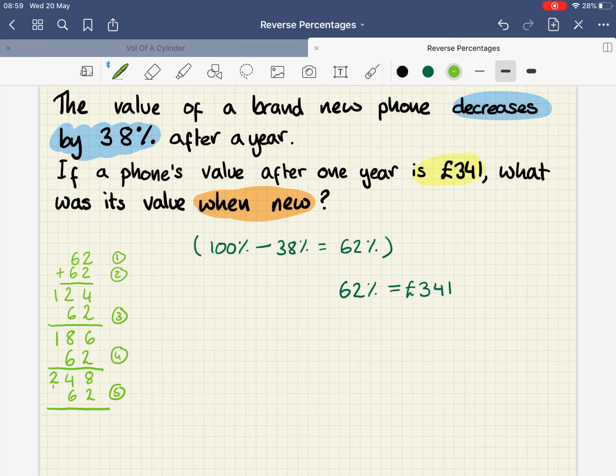And I know this method is a bit boring, but it is sort of a fail-safe when you're not wanting to get down to one of our percentages to work with. 8 add the 2 is going to give me 10. 4 to 6 is 10. Add the 1 is going to give me 11. 2 add that carry is going to give me 3. I'm going to add another 62.